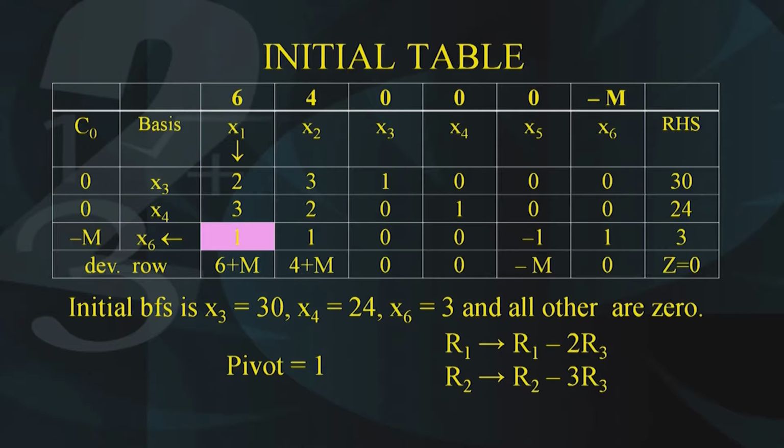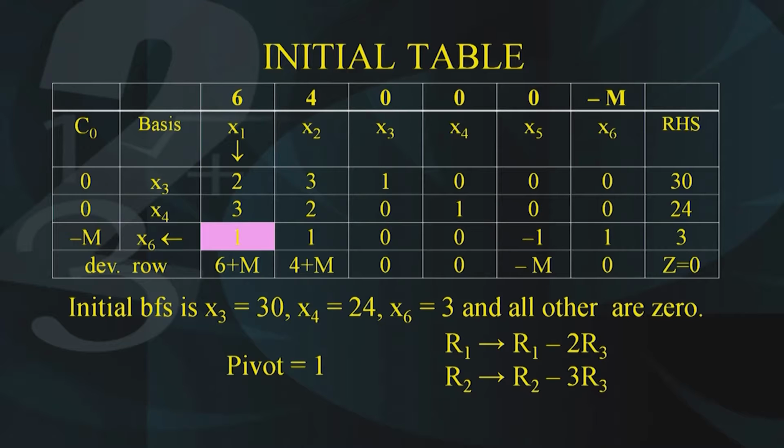Also, we will write down the objective function coefficients: 6 for x1, 4 for x2, and similarly 0 0 0 and minus M. These are the coefficients of the objective function, and they have to be repeated over the first column: 0 0 minus M.